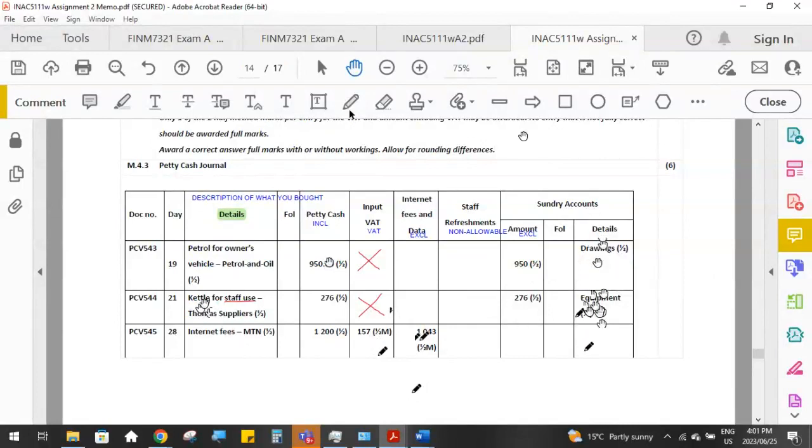So even though we are buying the kettle and it is for staff, we don't charge it to entertainment, we charge it to the asset account because it's a physical piece of equipment that we are purchasing for the business. But we are not allowed to claim the VAT back. So the full amount of the cost of the kettle must get debited to the equipment account, no VAT deducted. Okay.